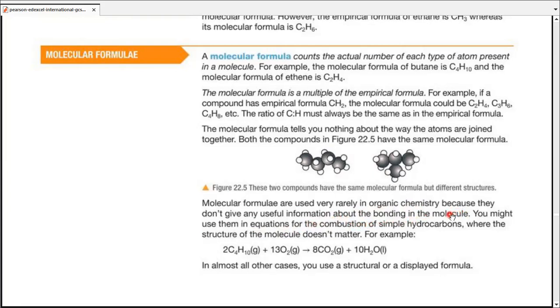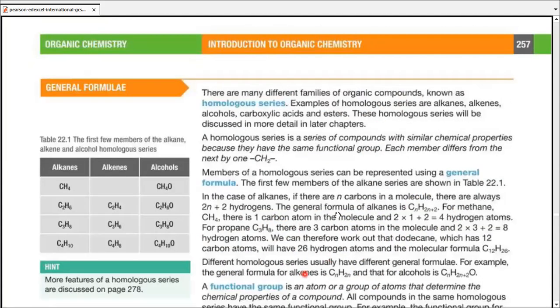So what we commonly do is that we use them in equations for combustion of simple hydrocarbons or stuff like that. In those cases, we actually need a molecular formula. In some other cases, what we usually do is we use a structural or a displayed formula, which brings me to the next type.